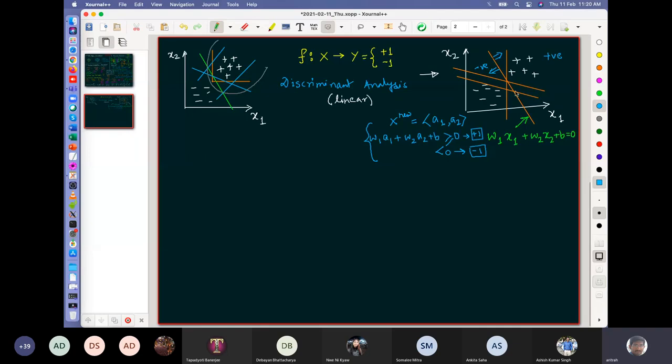Now, how do we know which one is the best? What does common sense tell us? If I choose this line, is it very good rather than choosing this line?